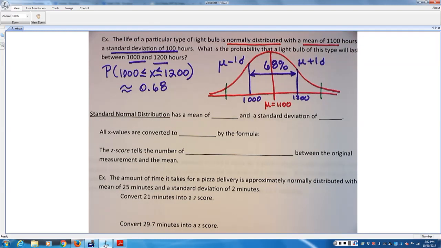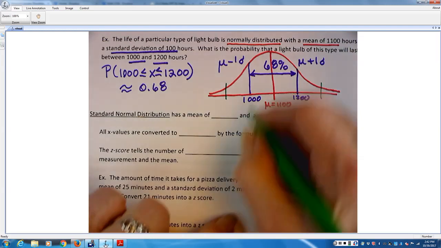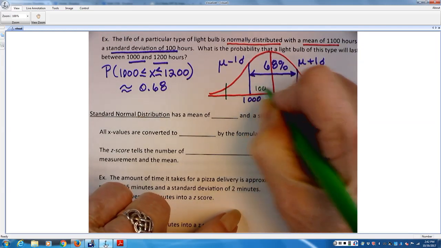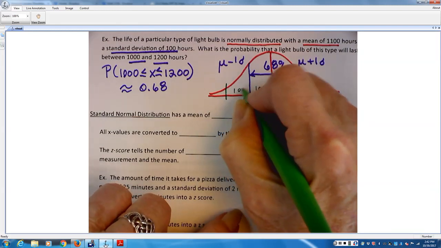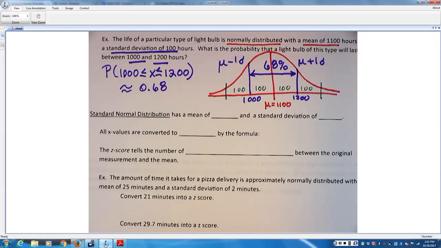Add some numbers to your chart. Remember, the standard deviation is always the same. And then use your chart to answer the question.